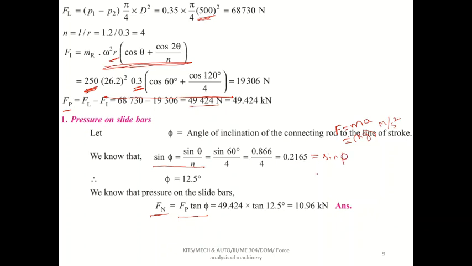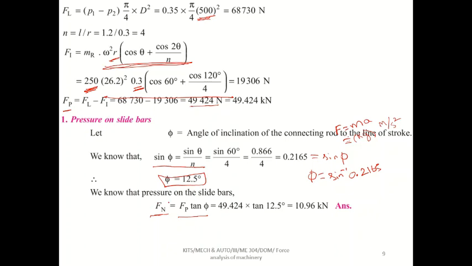Now I have to find out the phi value. Phi equal to sin inverse of 0.2165. In your calculator this option will be available. If you press shift and then press sin, it will change to sin inverse. Then you can enter this value and find the degree value. So the degree value is 12.5 degree.